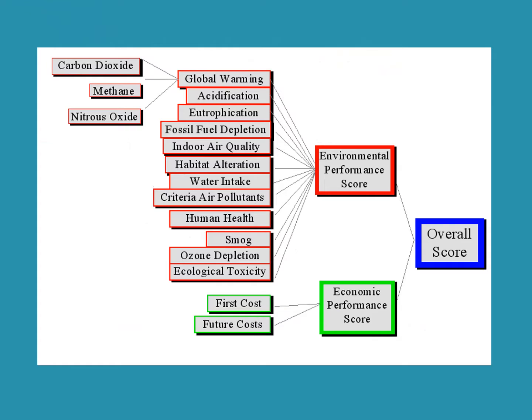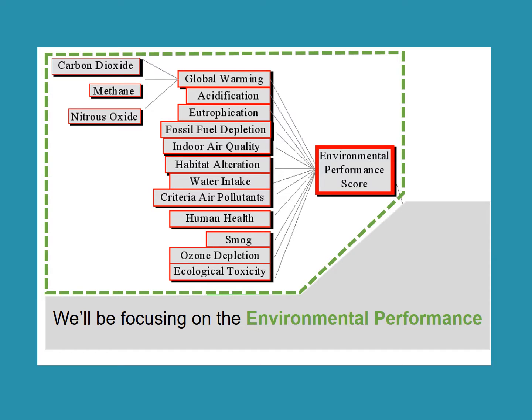As a brief overview, the BEES tool looks at both environmental performance and economic performance of the materials and then weights them to come up with an overall performance score. However, for LCAs, we're only considering the environmental performance. The database within the tool has the approximate information on the environmental impacts from processes related to a product.